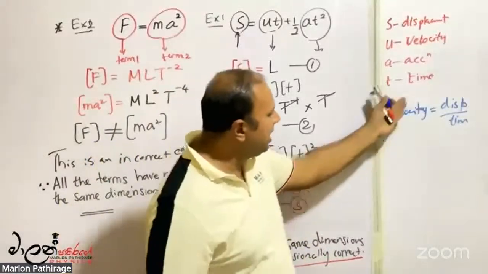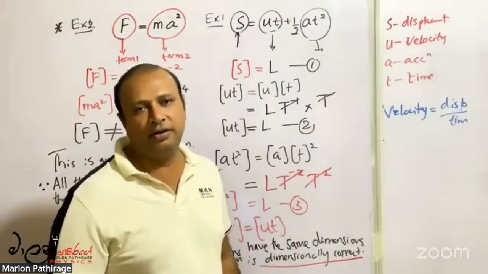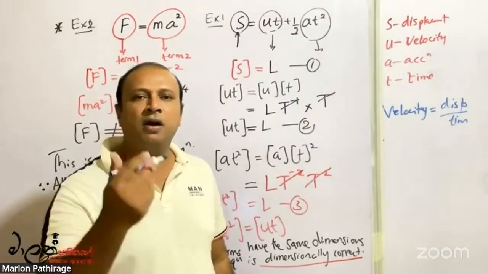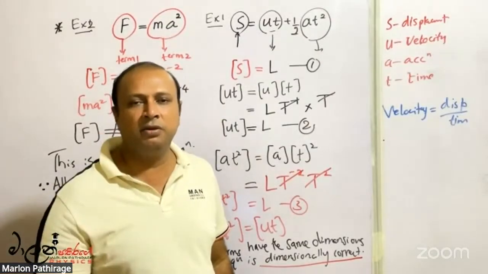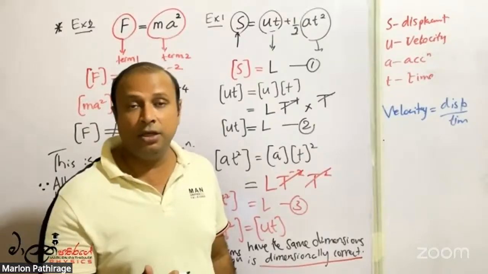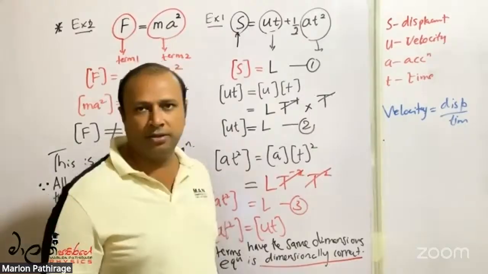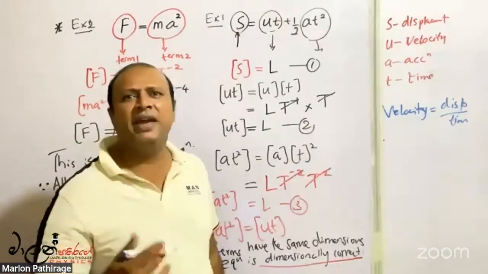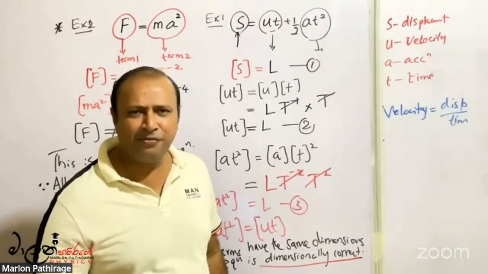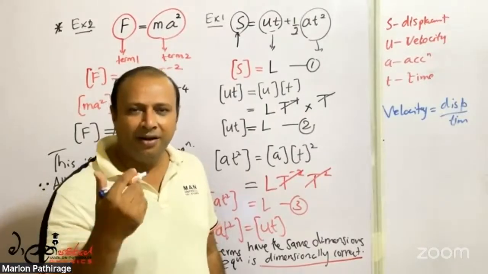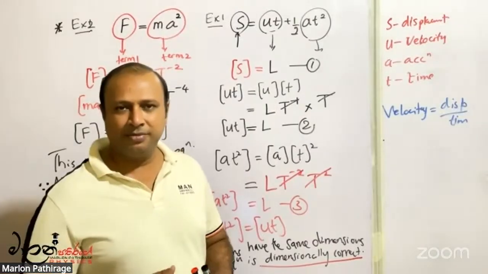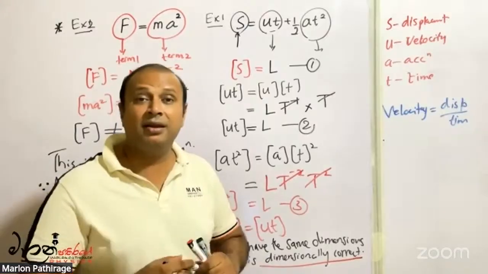This is the relationship between velocity and the basic physical quantities. If you are asked to write the relationship of velocity with the basic physical quantities, you have to write this equation. That is a lengthy way. Therefore, instead of writing the equation, you can symbolically represent it.